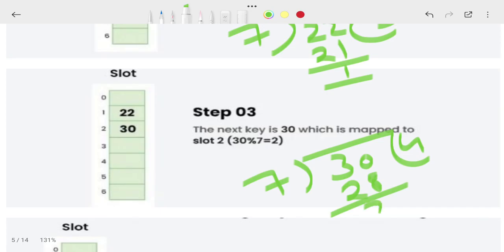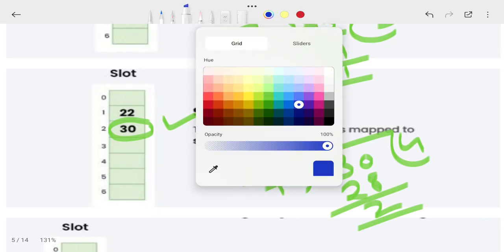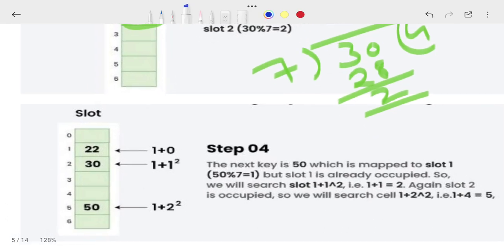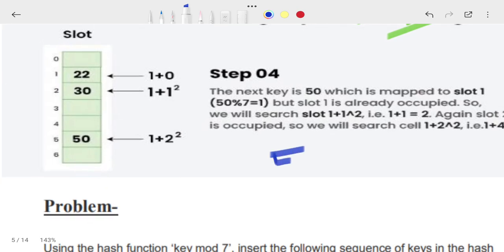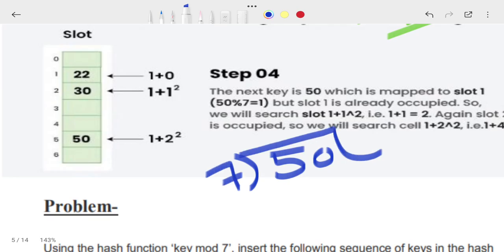Remainder 2. At 2 I will place 30. Now I have to place 50. If I divide by 7, 7 times 7 is 49. My remainder is 1.